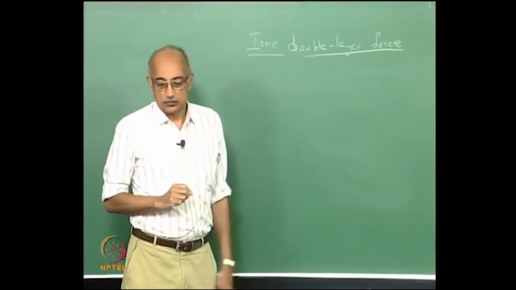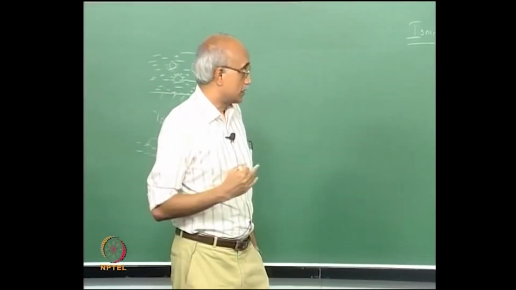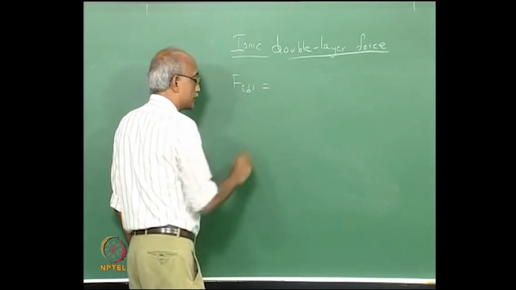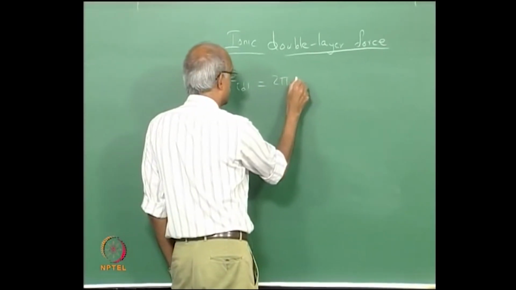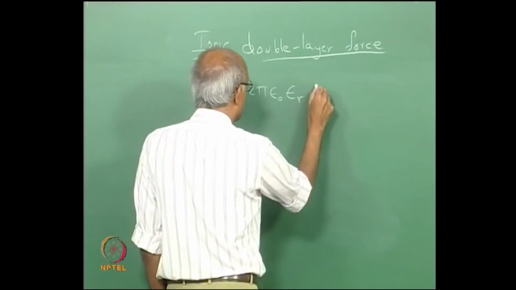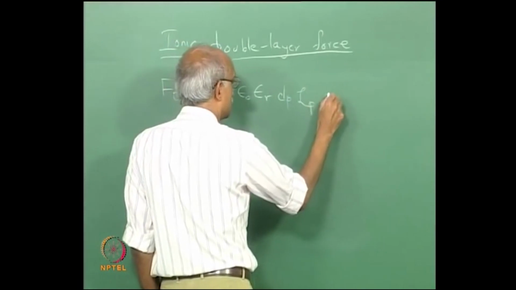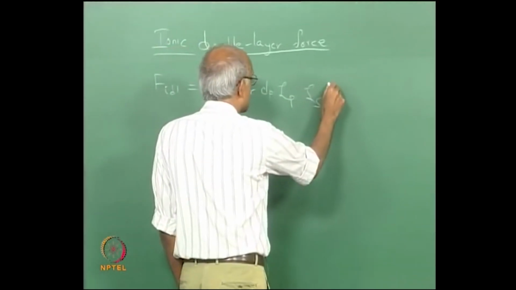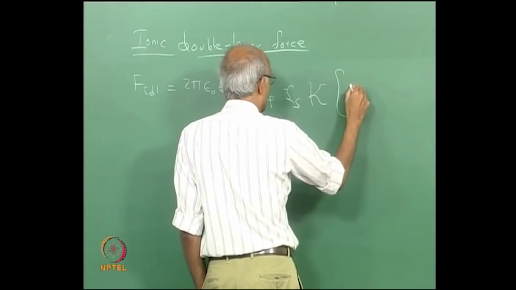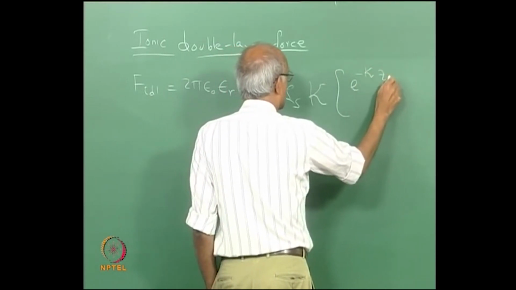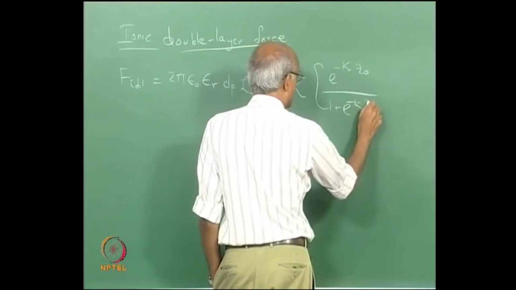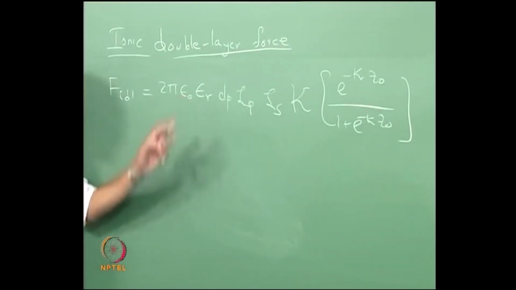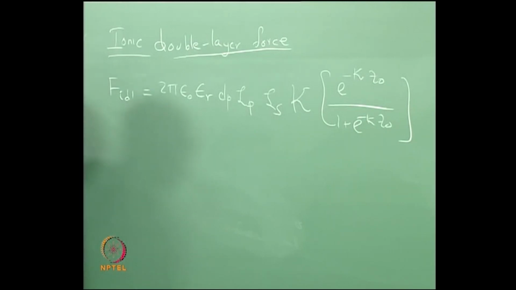The ionic double layer force is what prevails in a liquid, particularly in a liquid of high conductivity, and this force F_IDL is given by 2 pi epsilon 0 epsilon r d_p, zeta potential of the particle, zeta potential of the surface, times a parameter kappa times exponential of minus kappa times z0, over 1 plus exponential of minus kappa times z0, where again epsilon 0 is the permittivity of free space, epsilon r is the dielectric constant of the liquid.